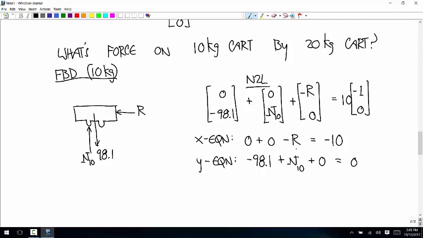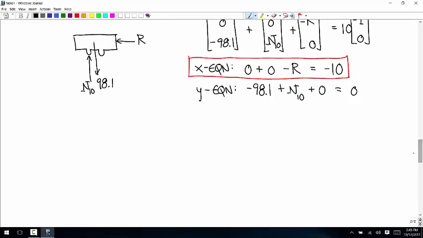We only care about getting that R value, so this is the one that's useful to us. And so the x equation just says negative R is equal to negative 10. So R is equal to 10.